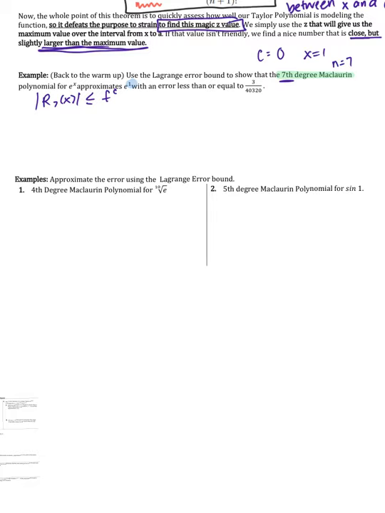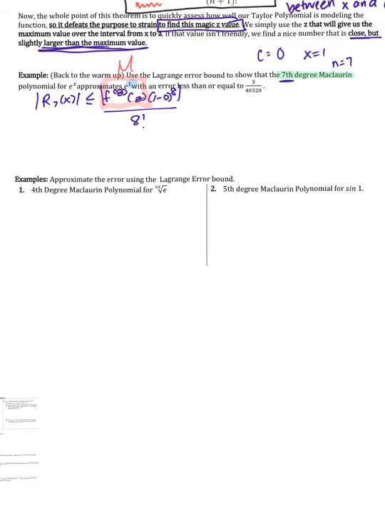Actually, why am I putting n plus 1? I know what n is. n is 7. So n plus 1 is 8 of z times 1 minus 0 to the 8th power. That's all in absolute value, and that is over 8 factorial. So everything that's in here is a number that has a value with the exception of our m piece.